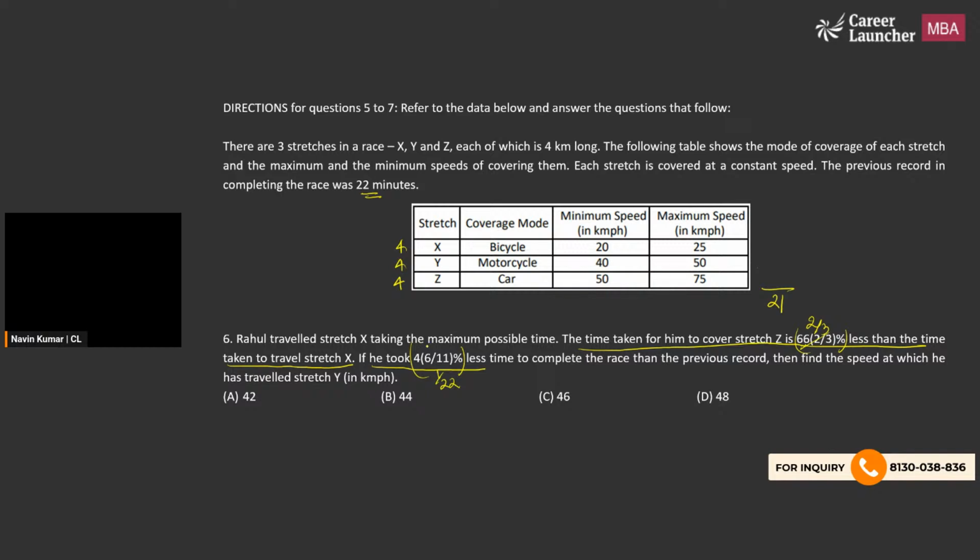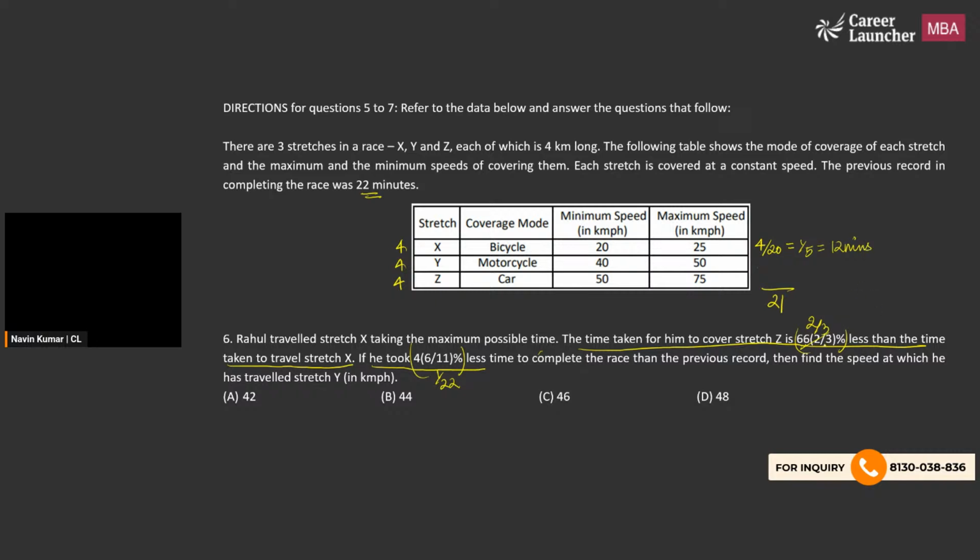Rahul's travel stretch X, taking the maximum possible time. Maximum possible time is going to be when he covers it at the speed of 20. So he goes slow. That's 1/5 of an hour. Very silly mistake. 1/5 of an hour is going to be 12 minutes.